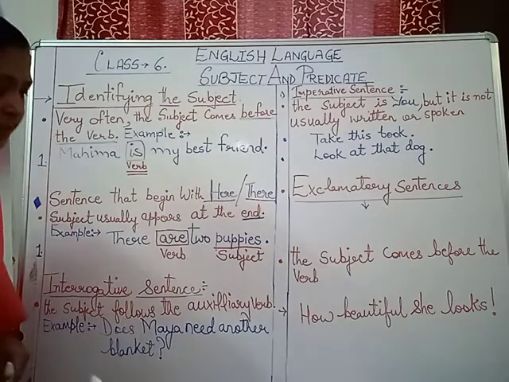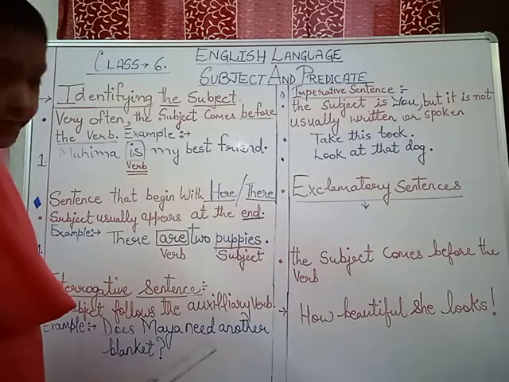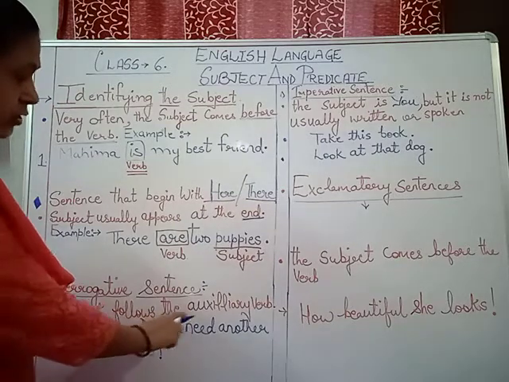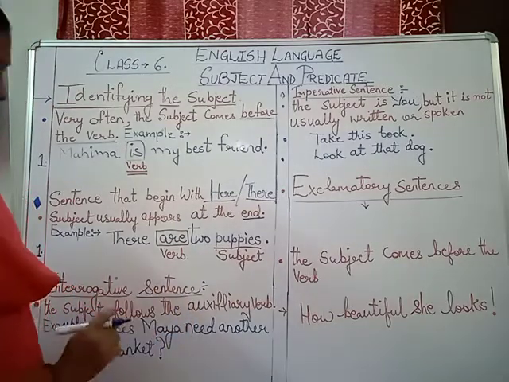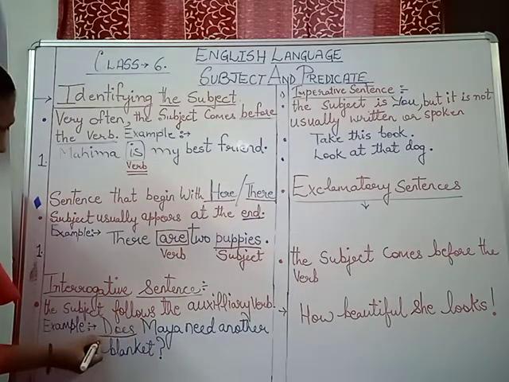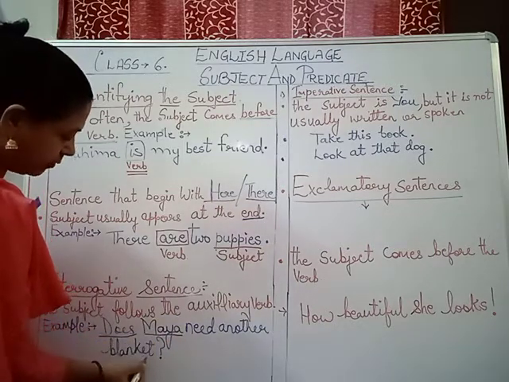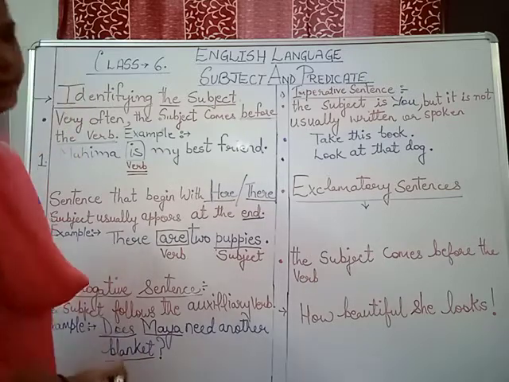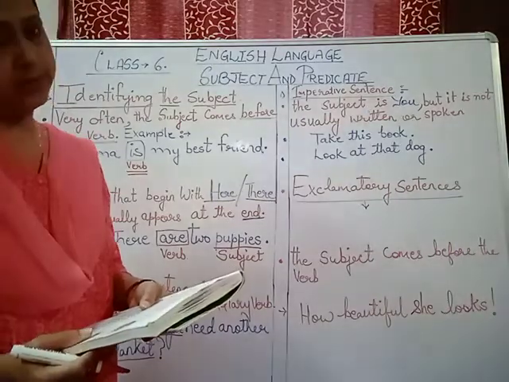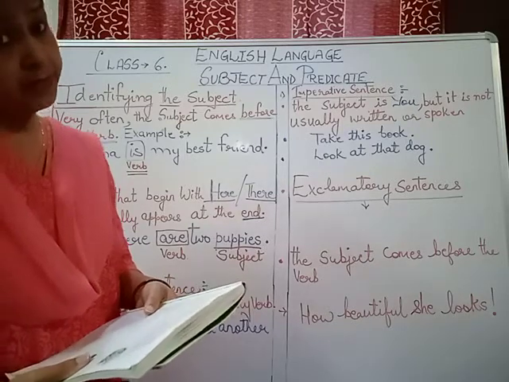An interrogative sentence, children, always ends with a question mark. The subject follows the auxiliary verb. Here the auxiliary verb is "does," the subject is Maya, and what she needs is the blanket. So children, in an interrogative sentence, we see how the subject and the verb are placed.